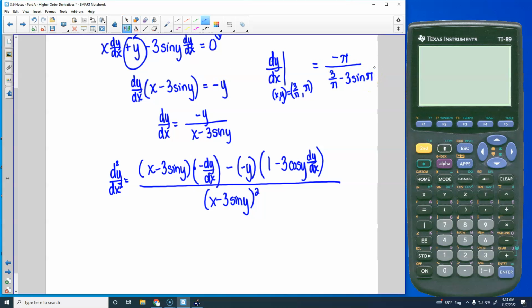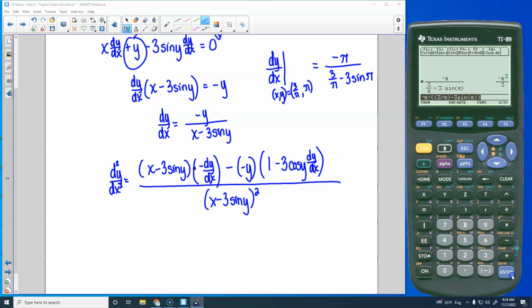And because this is calculator active, I'm just going to do that on the calculator. It can be done without the calculator, it just gets a little extensive.